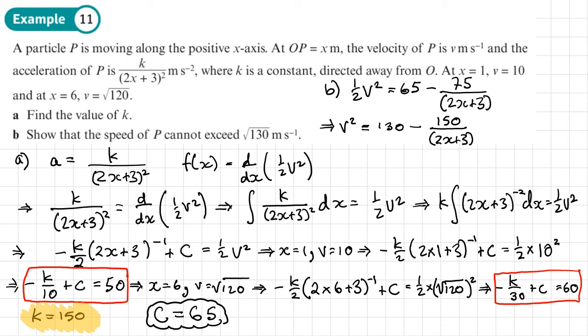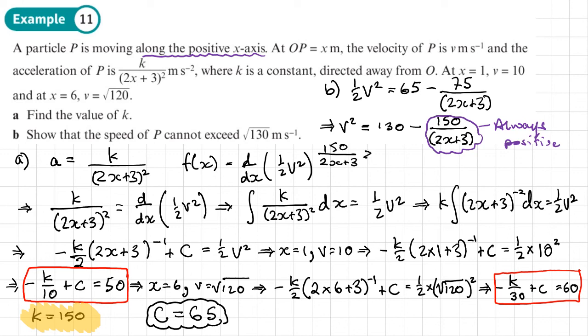Now you can see from this expression that you're actually subtracting something away from 130, and since x is positive, this part of the expression is always going to be positive. And we know that because it says it's moving along the positive x-axis. So since x is always going to be positive, that means that this part of the expression, 150 over 2x plus 3, is always going to be greater than 0.